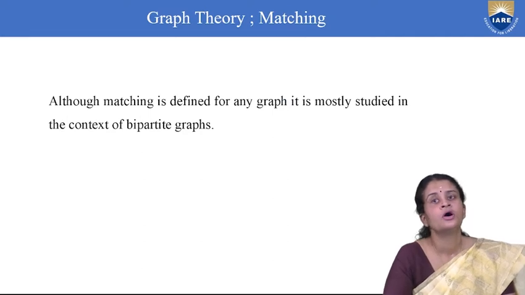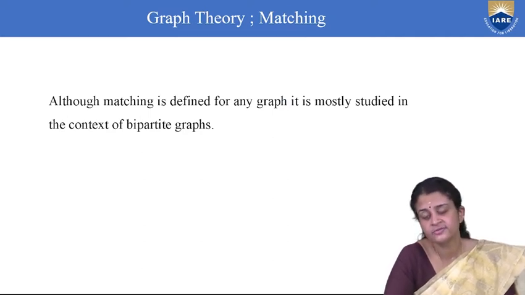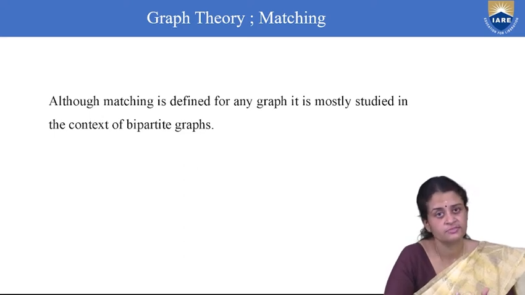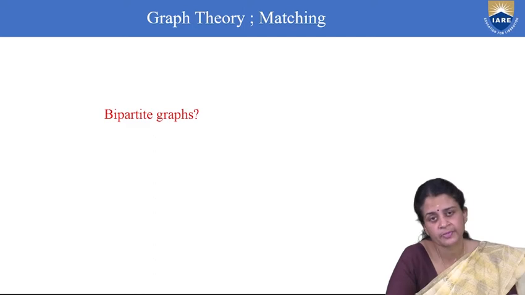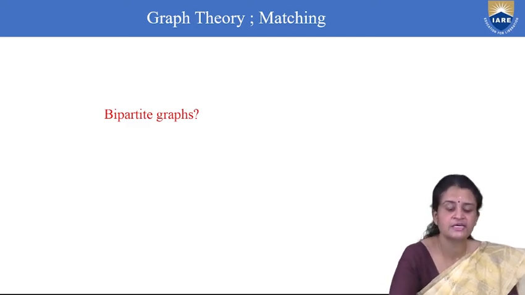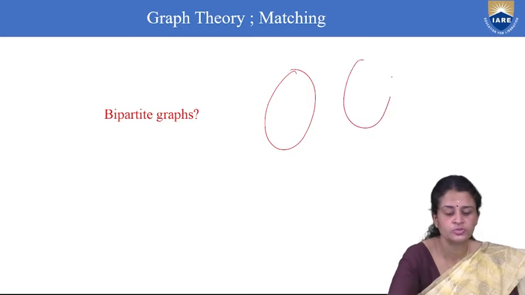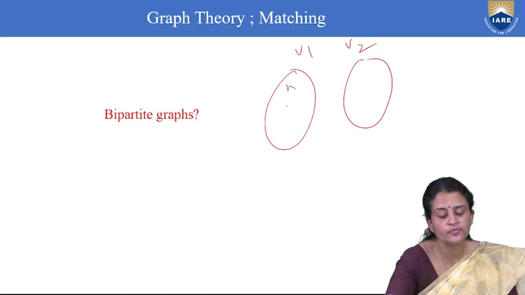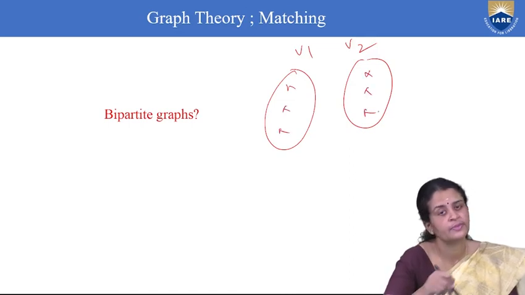Although matching is defined for a normal graph, as we have seen so far, most properties of matching are studied in terms of bipartite graphs. What are bipartite graphs? A graph in which the vertex set is partitioned into two sets, V1 and V2, such that no two vertices in a particular partition are adjacent.